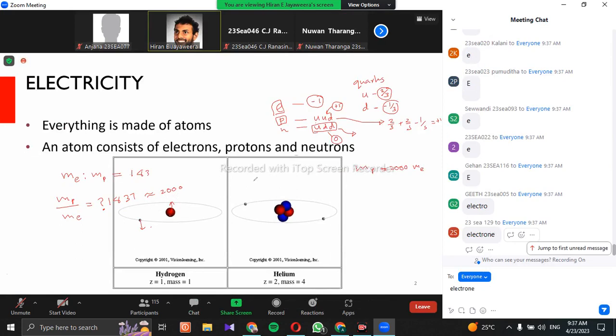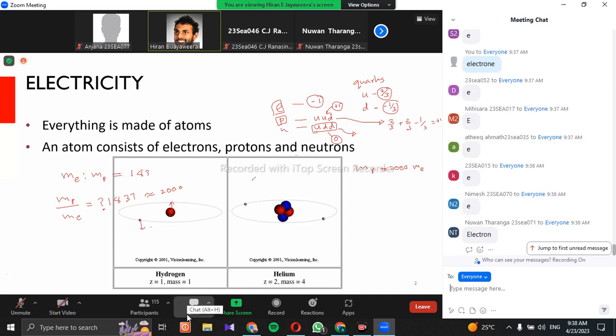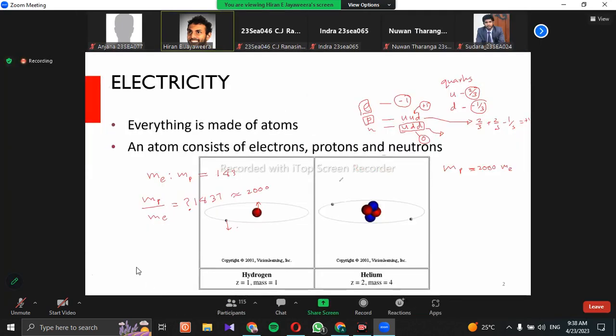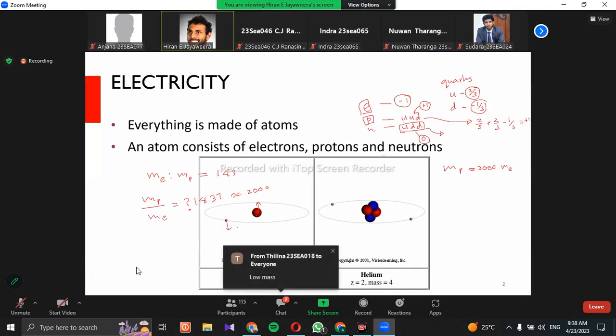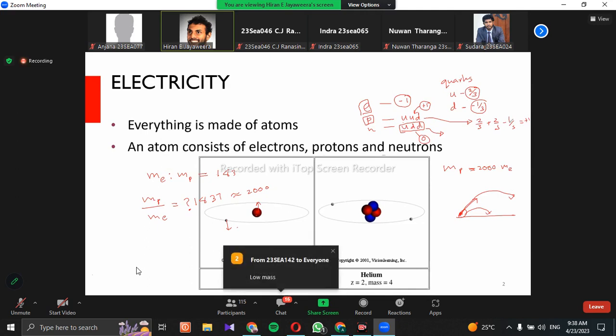Can you explain the reason why electron is easier to move? Yeah, it's low mass, right? So the electron is lighter. Let's say you have to throw something far away. The lighter one is always easier to throw far away compared to the heavier one, right? Good. Right, thank you.